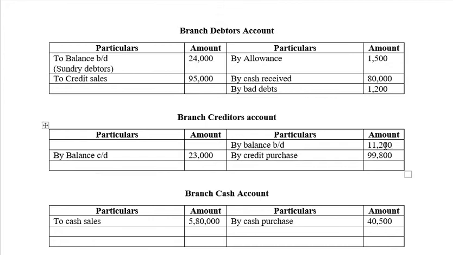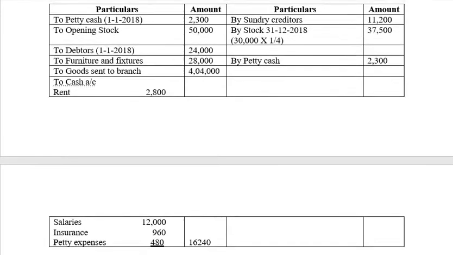Even in case of debtors you will have two entries, one to the debit of the branch account and one to the debit of the debtors account. Similarly for creditors you will have two entries, both to the credit side, 11,200. All right, next.